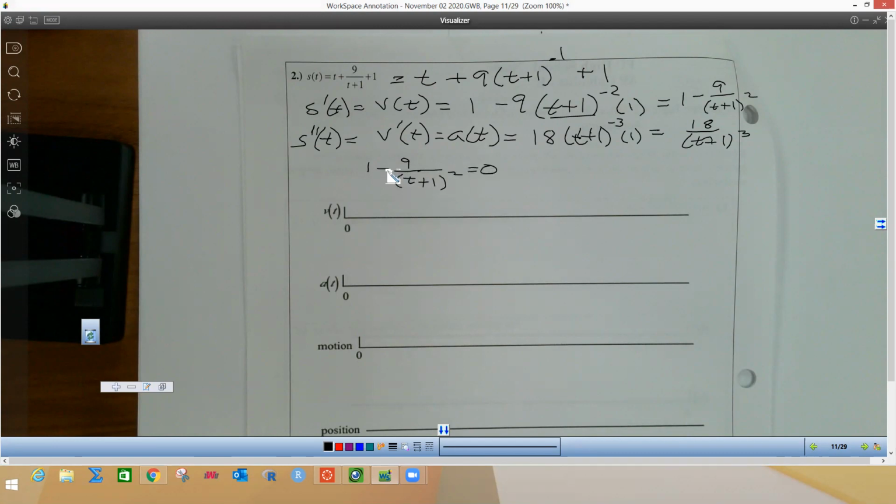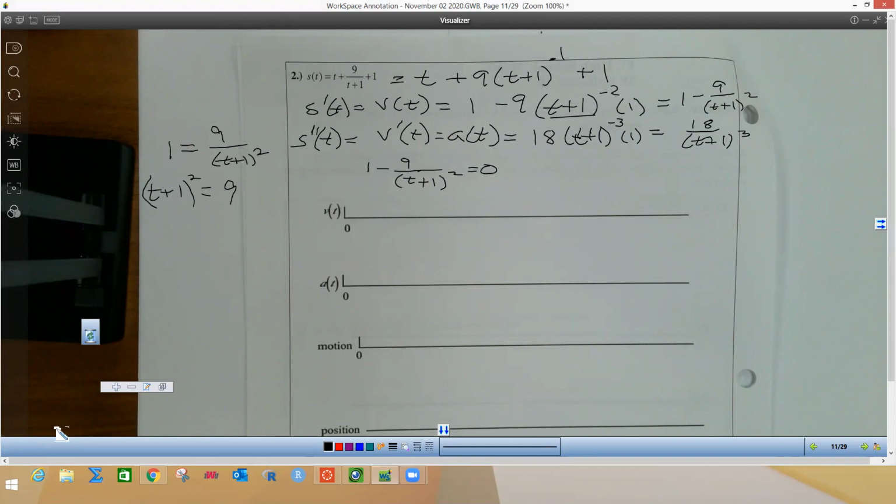So I'm going to take this negative and add it over to the other side. So I would get, I'm going to come over here where I got some room. So I would get 1 is going to equal 9 over t plus 1, the quantity squared. Then you got to get this off the bottom. So I'm going to take t plus 1, the quantity squared, and multiply it times 1 to get fractions out of there.